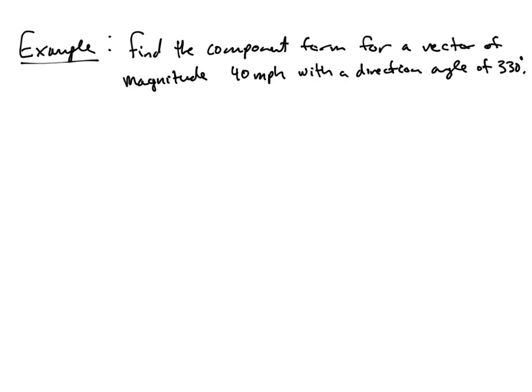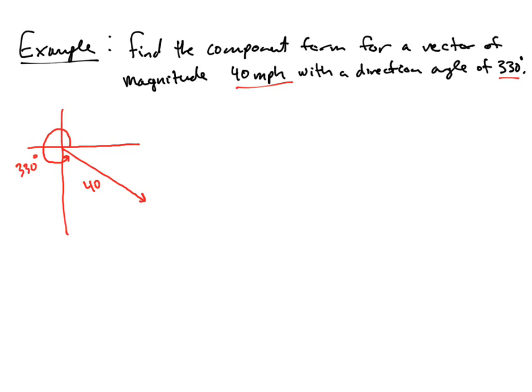All right, let's do one more example. Find the component form for a vector of magnitude 40 miles per hour and a direction angle of 330 degrees. Now, I always like sketching out what we're looking at. So the magnitude is 40, and this angle here is 330 degrees.